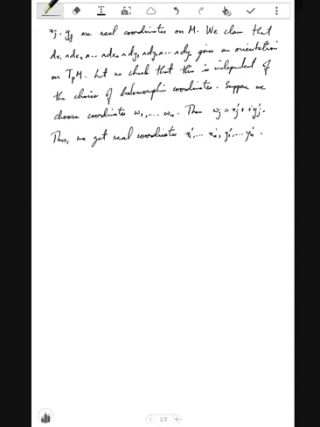And let us compute the coordinate change matrix.